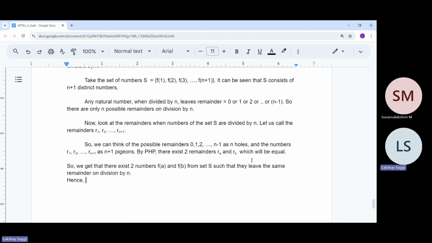And what does this mean? Hence, FA minus FB is divisible by n.